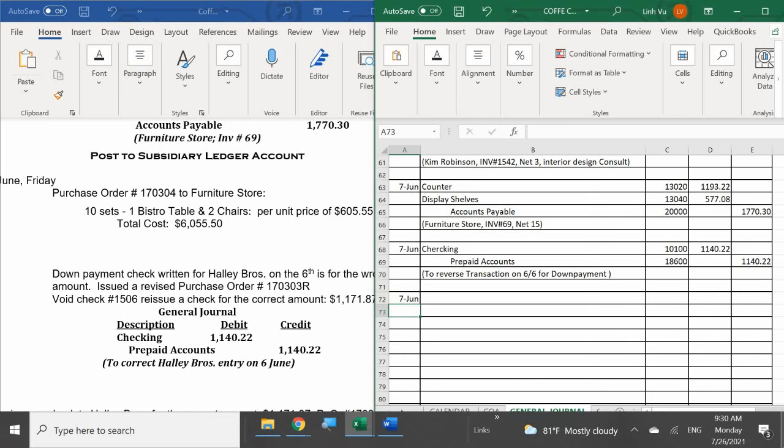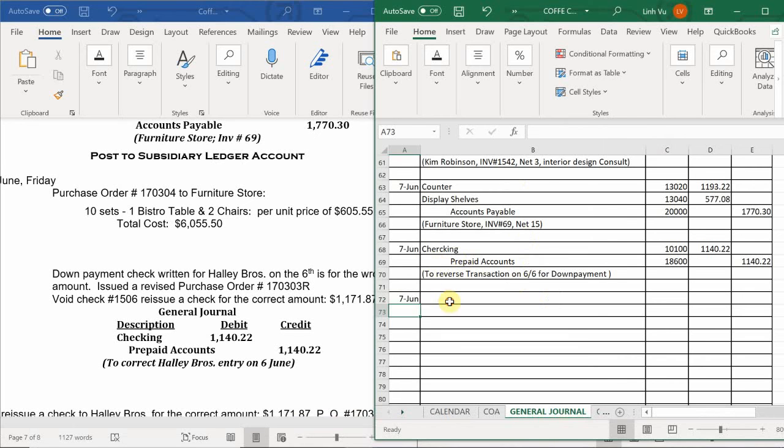Okay, so in this case, same journal, except this time I'm going to put in the correct amount. So I'm going to redo my prepaid accounts. Okay. And I'm going to rewrite my check. Right. So prepaid was 18,600 and checking was 10,100.